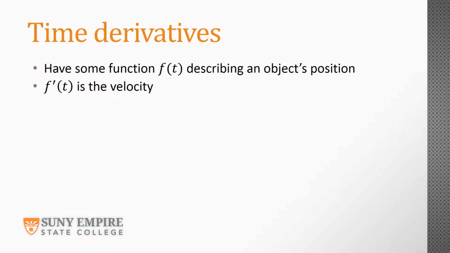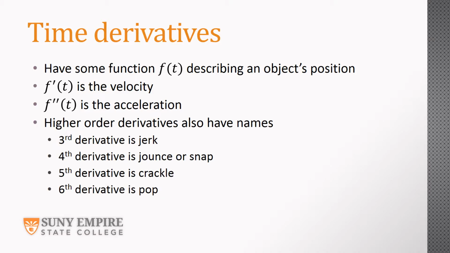The derivative f prime of t for the function is the rate of change of the position. This is exactly the definition for velocity. The second derivative, f double prime of t, is the rate of change for the velocity, which is the acceleration for the object. Even higher order time derivatives also have specific names.